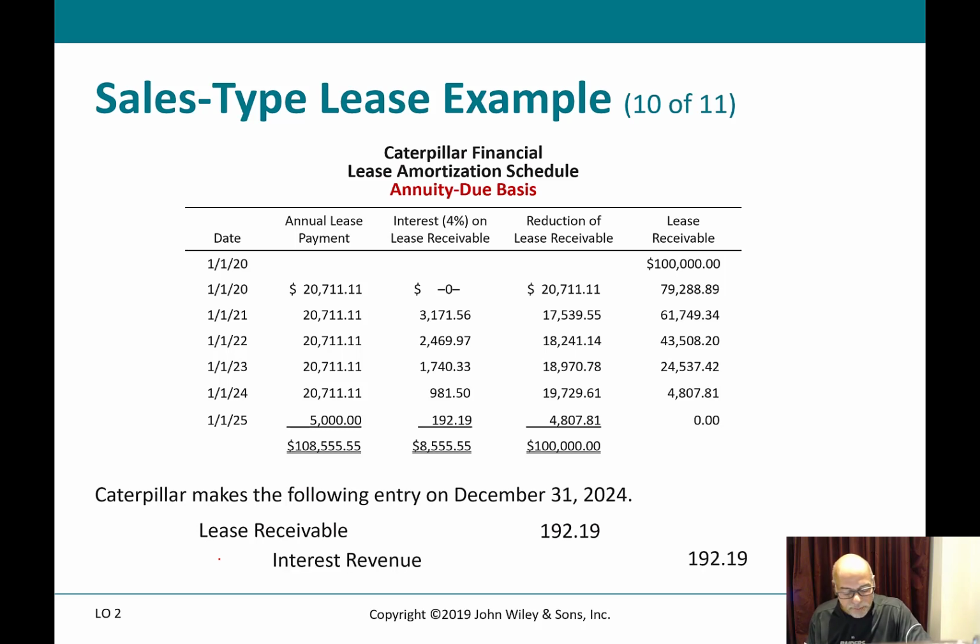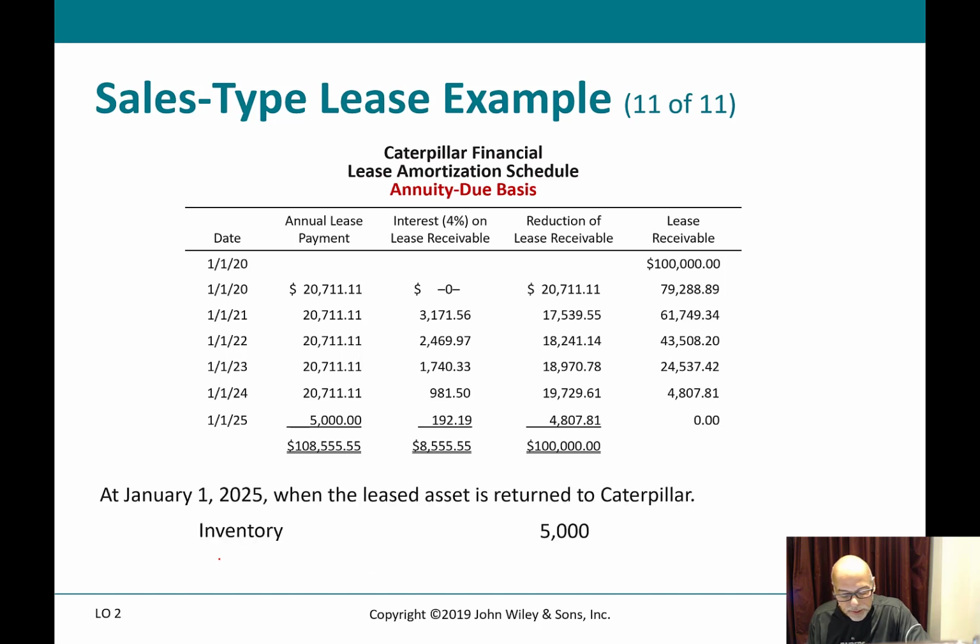Okay, and then we have that last payment that's going to come in, and when that comes in, we reduce the lease receivable down to 0, and then it turns out that they get the equipment back, which was predicted.